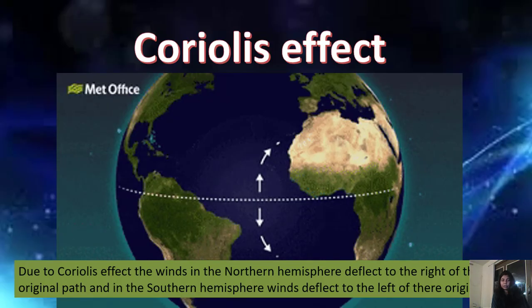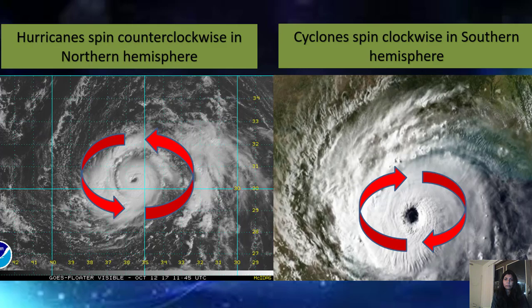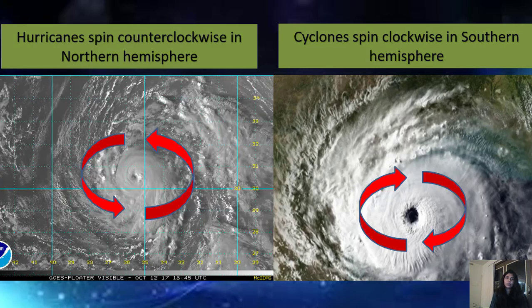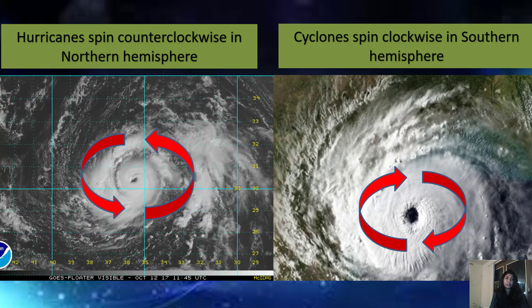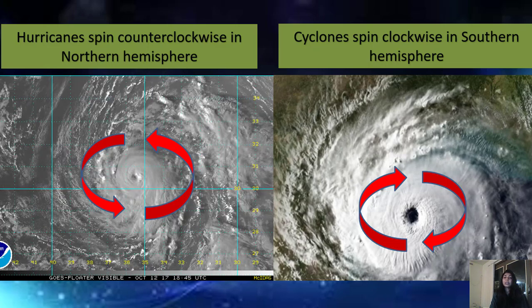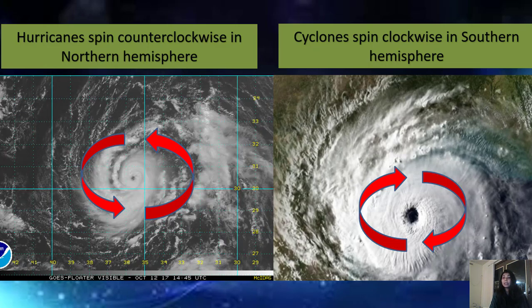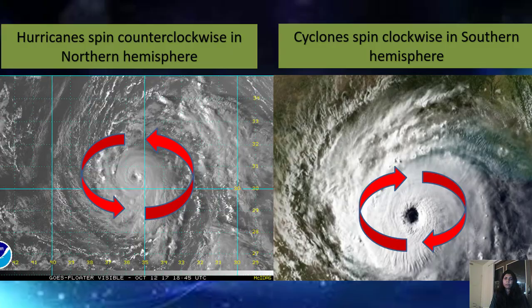So here you can understand what I am talking about. So due to the Coriolis effect, the winds in the northern hemisphere deflect to the right of their original path, and in the southern hemisphere, winds deflect to the left of their original path. So that is the reason hurricanes spin counterclockwise in the northern hemisphere and they spin clockwise in the southern hemisphere.